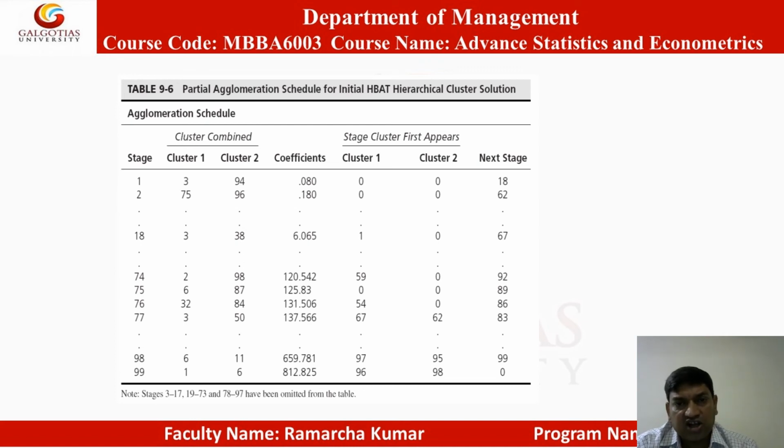It is showing the result of cluster combination, at what stage which two clusters got merged, before that when it first appeared, and what is the next stage where it is going to appear. Say for example, in the first stage, cluster 3 and cluster 94 are merged, and the merged cluster will next appear in stage 9, 18, and so on.